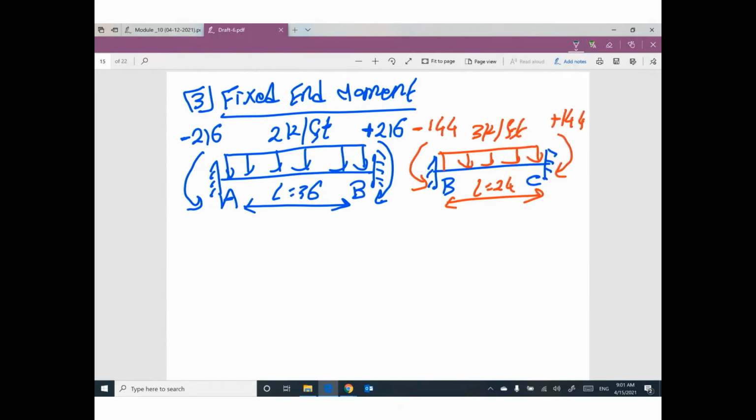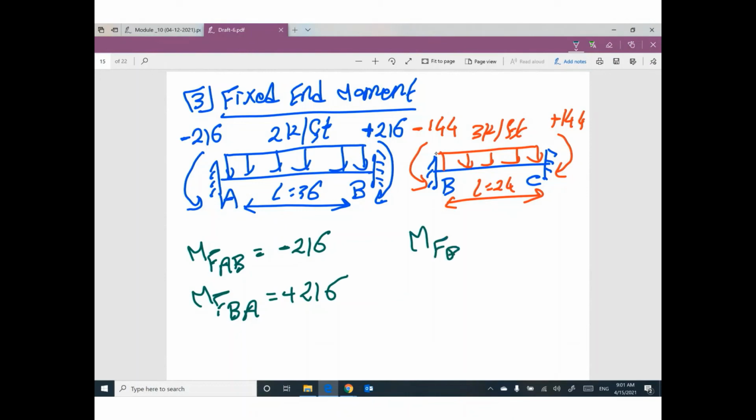So M fixed AB is negative 216, M fixed BA is positive 216, M fixed BC is negative 144, M fixed CB is positive 144.